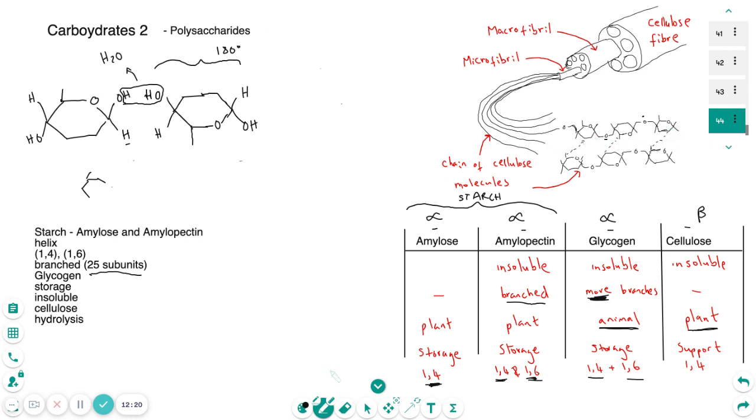So it keeps swapping from being up and down because every second glucose molecule is being flipped upside down. So when this happens, rather than it coiling up, the chain of glucose stays in a perfectly straight line. There's no coiling happening whatsoever.